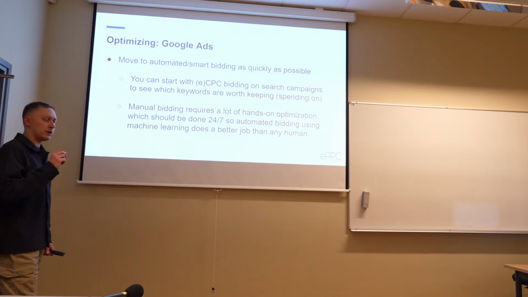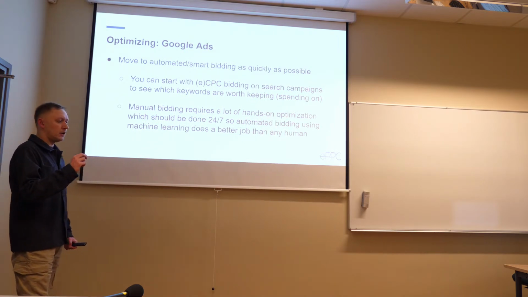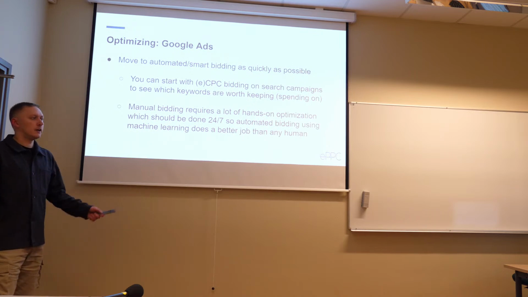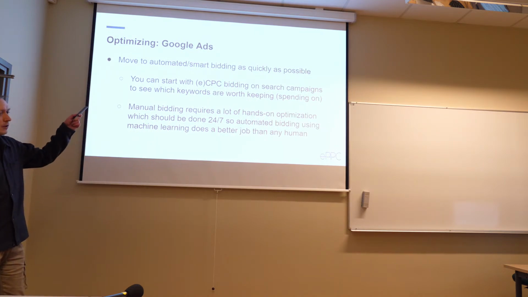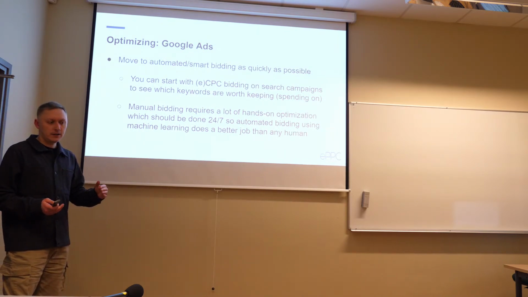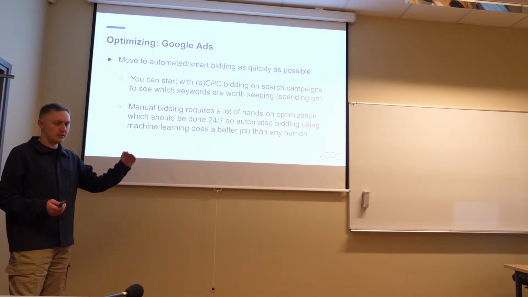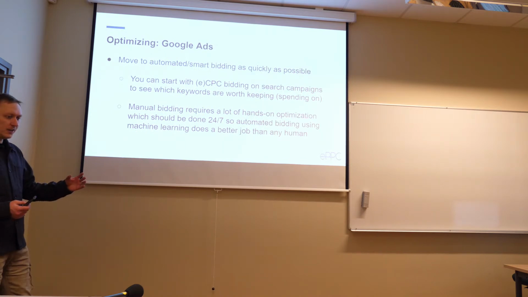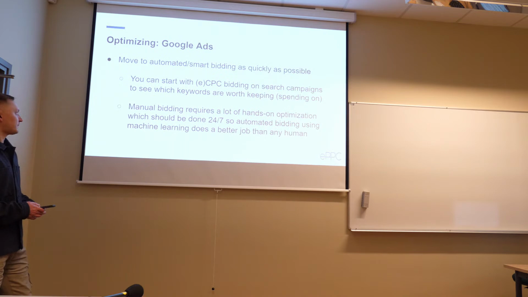For example, if your business is more sought after on weekends, and you have your campaigns on eCPC bidding, then the algorithms automatically raise your bids for the weekends if machine learning detects that more searches are being conducted for your keywords.